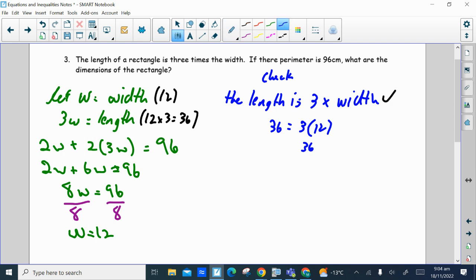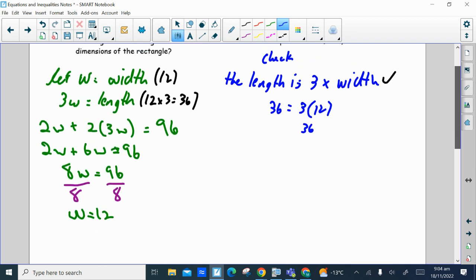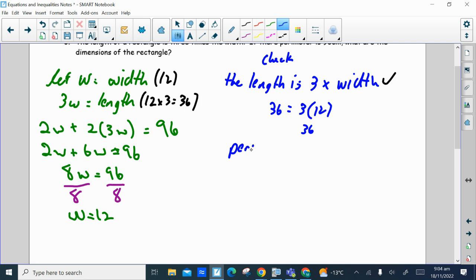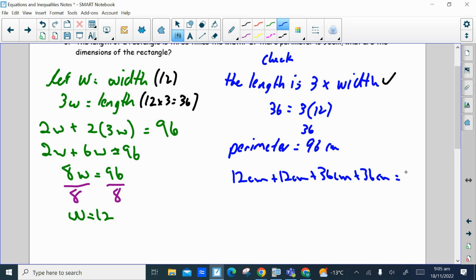The second condition is that the perimeter must be 96 centimeters. So if we have 12 centimeters plus another 12 centimeters plus a 36 and another 36, that should equal 96 centimeters.